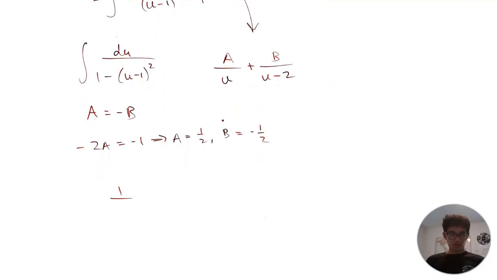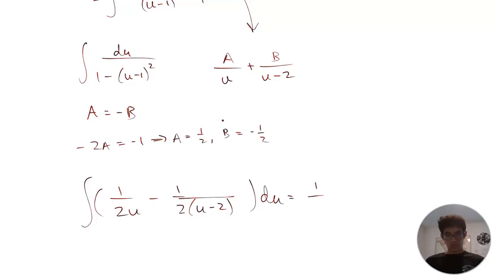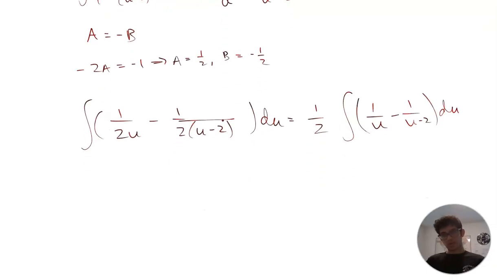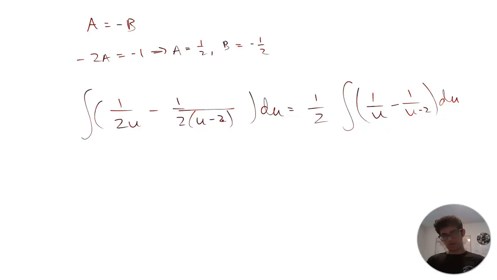We have 1 over 2u minus 1 over 2u minus 2 equals the integral of this du. This is going to be 1/2 times the integral of 1 over u minus 1 over u minus 2 du, right? And that seems about right to me as well.